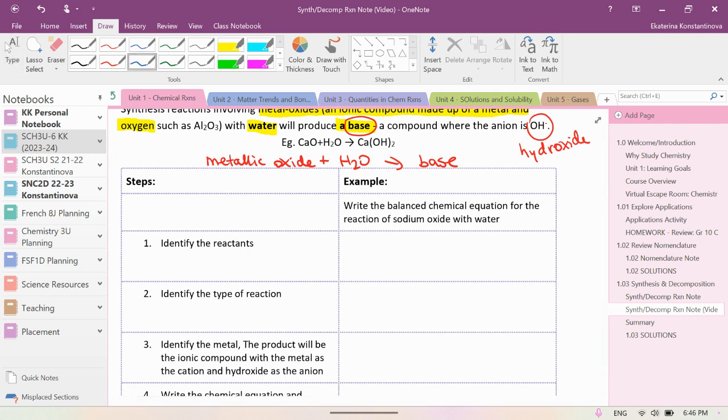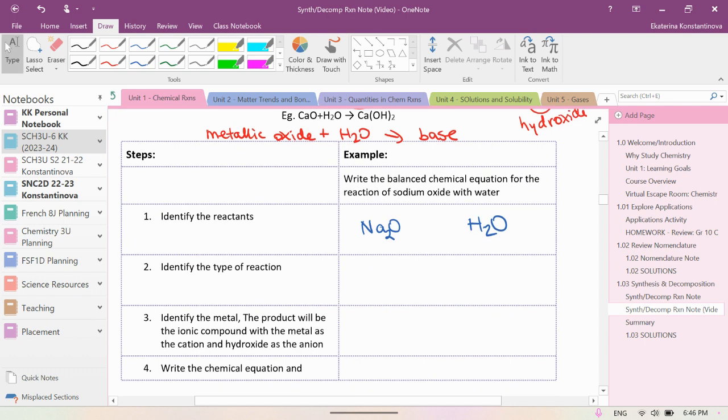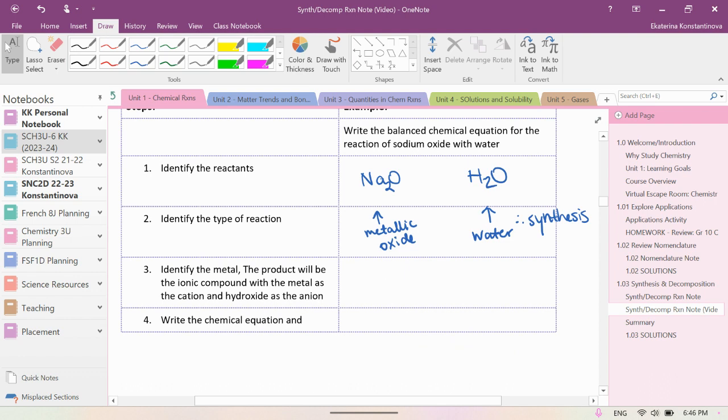Similar steps as before: identify the reactants. Our example is sodium oxide reacting with water. Our reactant is sodium oxide, which is Na2O, and it's going to react with water, which is H2O. Right away, we see this is a metallic oxide, and we see this is water, so we can confirm this is synthesis. Identify the metal.